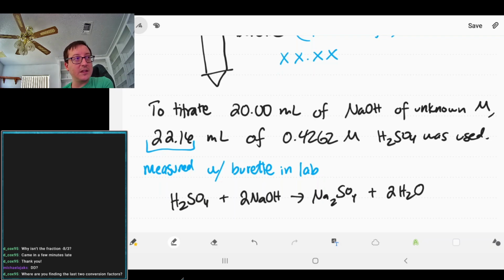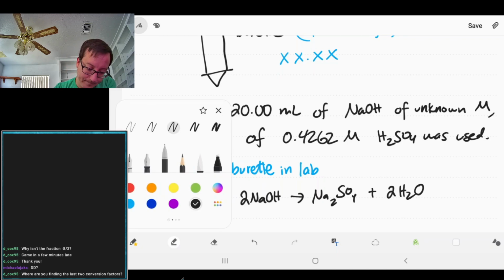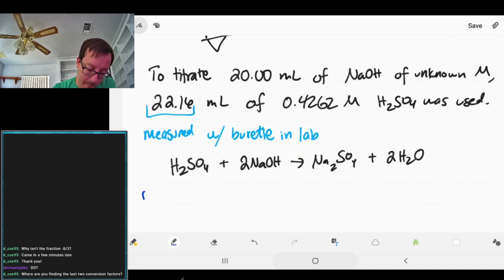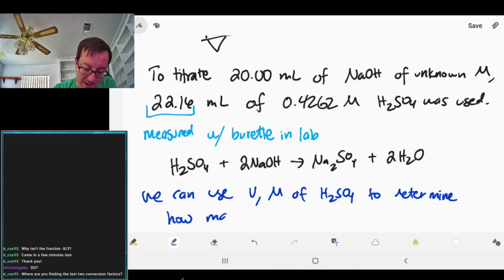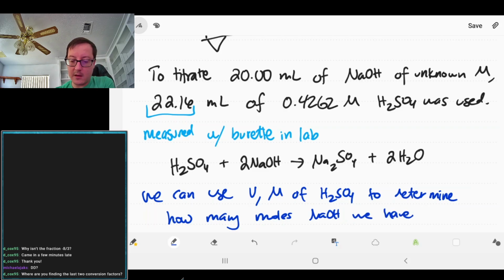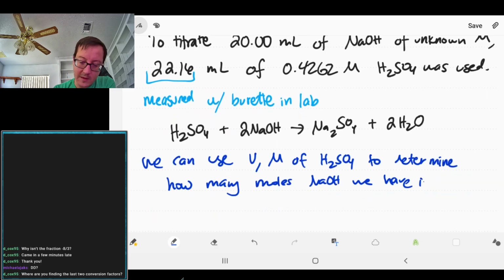And so we can use the volume and molarity of sulfuric acid to determine how many moles are in the sample.